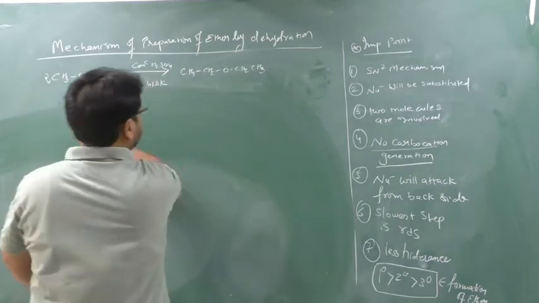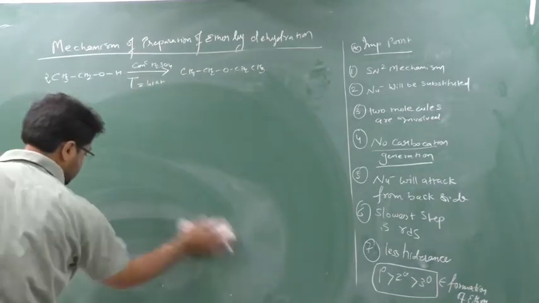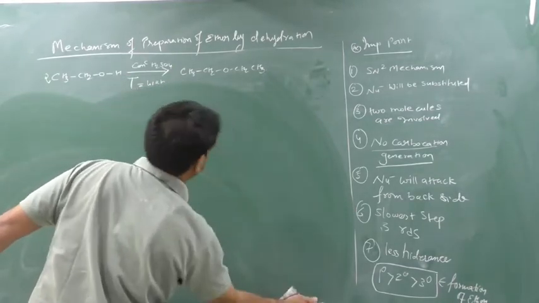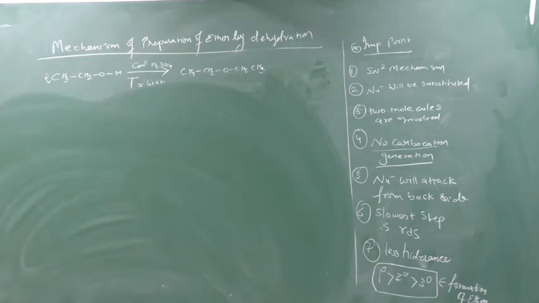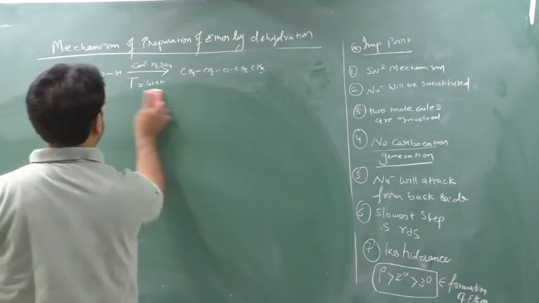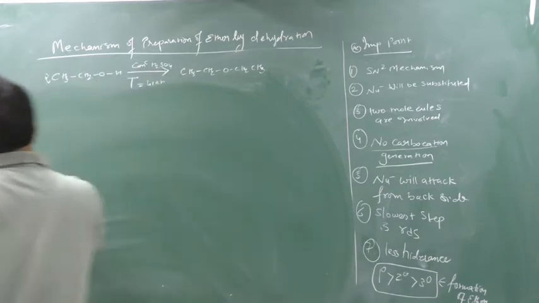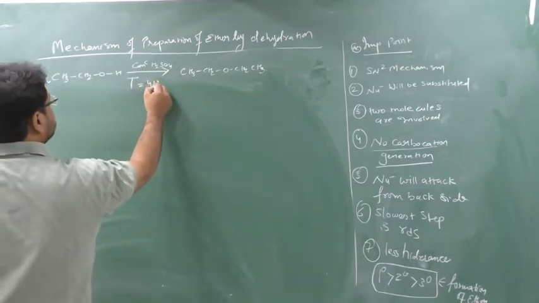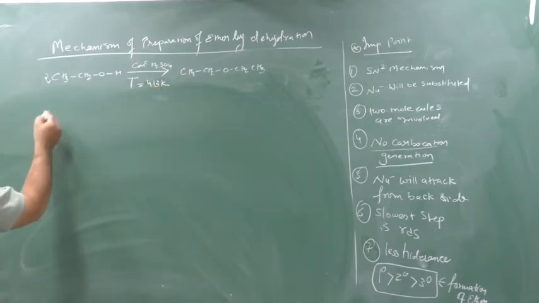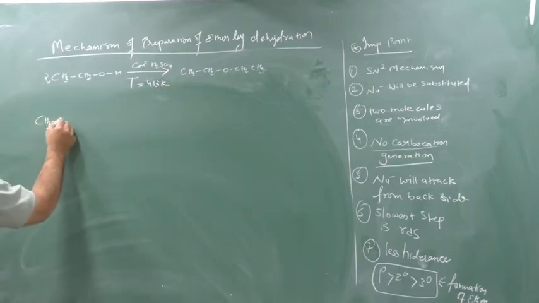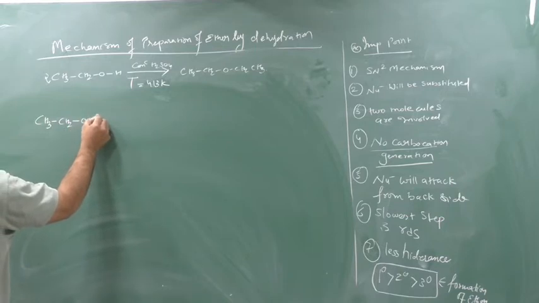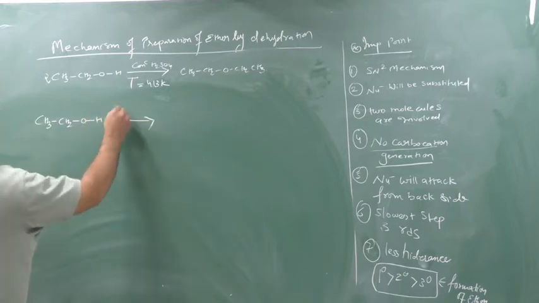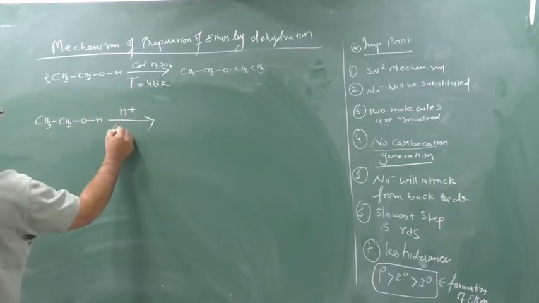Now we will see the mechanism. So make a heading: Mechanism. See at this now. First molecule I will take CH3CH2OH.